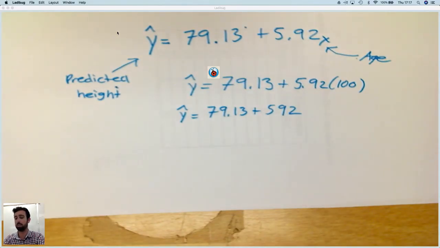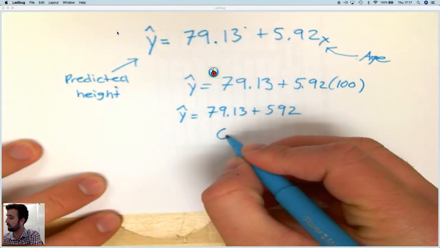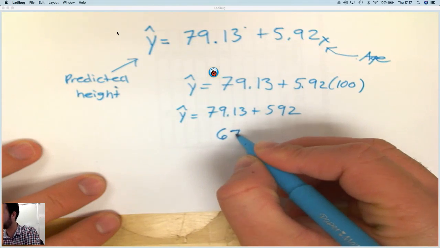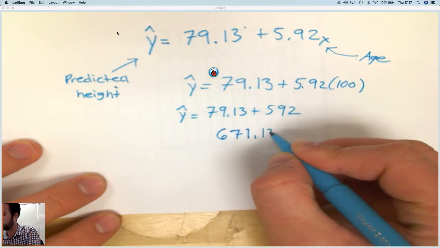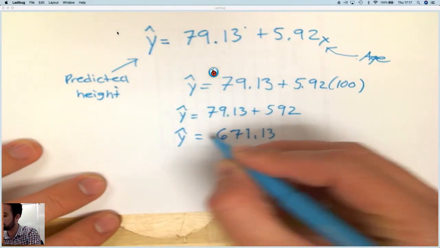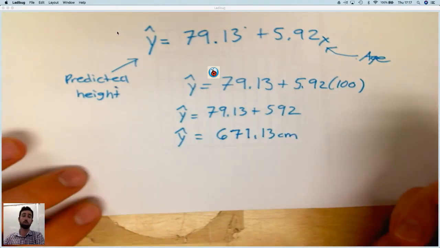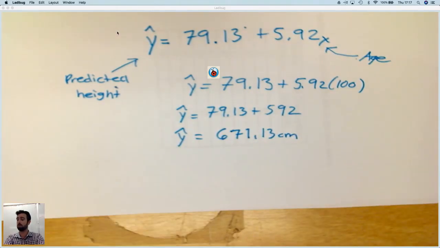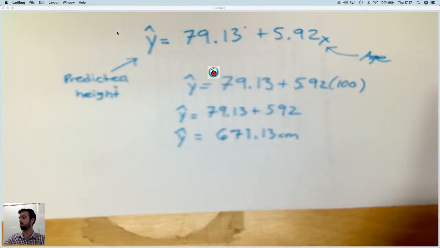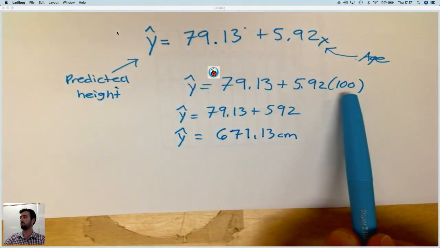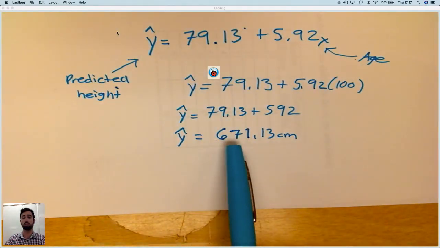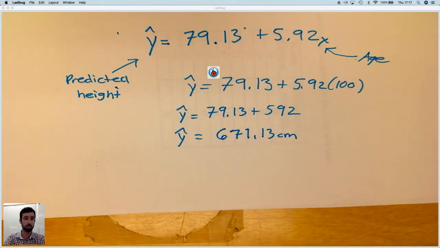And if you add that up, 592 plus 79.13, you're going to get 671.13. So according to our line, we would predict that someone who's 100 years old is going to be a height of 671. Now that's obviously absurd, and that's because of extrapolation.